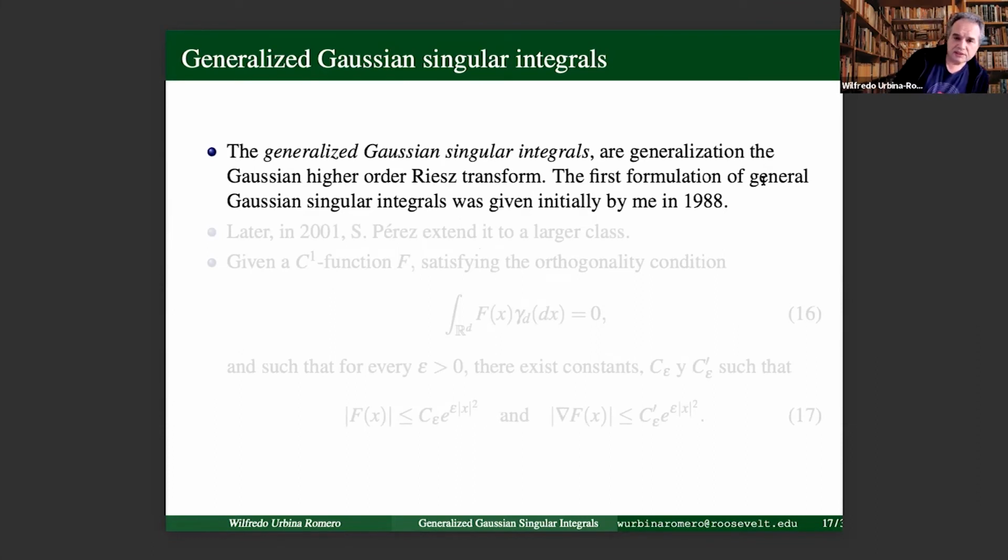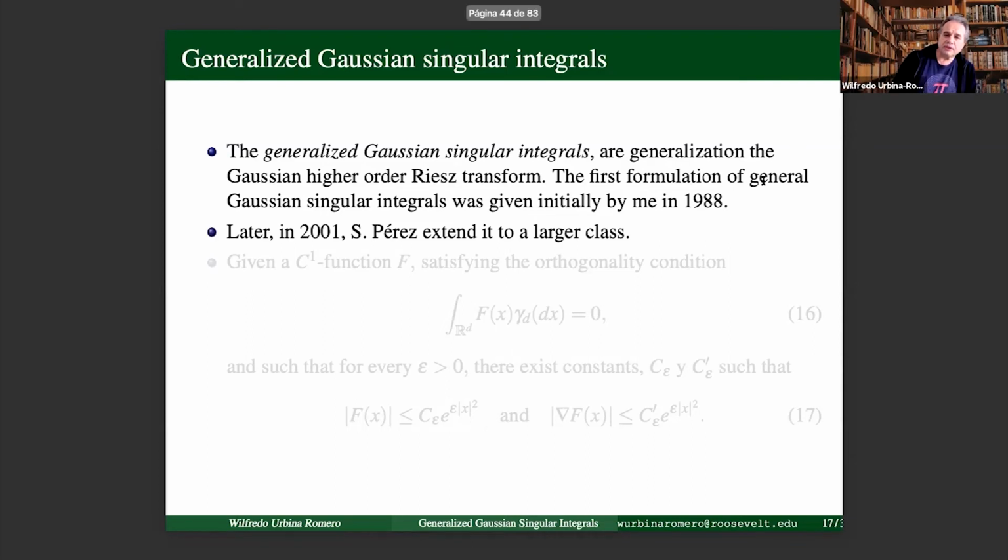So in my dissertation also, since the beginning, you are trying to look for something that will be the equivalent in the Gaussian world of the Calderon-Zygmund singular integrals, a whole family of singular integrals. I gave a first formulation based on a function that will not grow faster than polynomials.